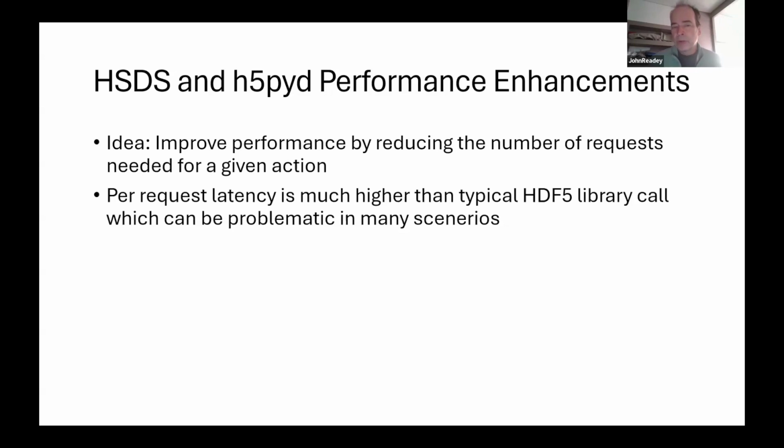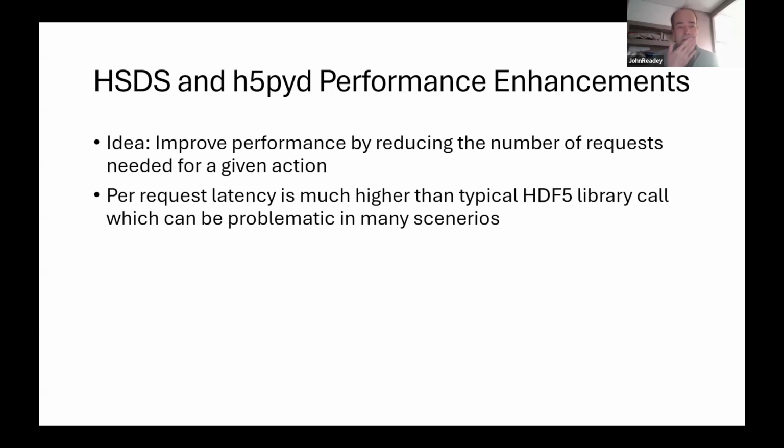So you have one request going to HSDS, a bunch of data IOs happening on the server, and then a small amount of data coming back. That worked pretty well compared to other solutions for reading, say, S3 data with the H5 library.